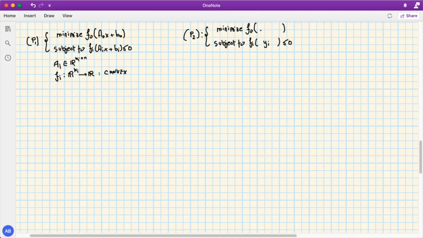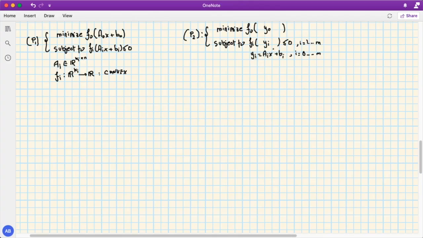And instead of a0x plus b0, I've got a y0, where all my yi's are aix plus bi. And I've got how many terms? I have got m plus 1 terms, 0 down till m. 0 is for the cost, 1 till m are for the constraints, right?